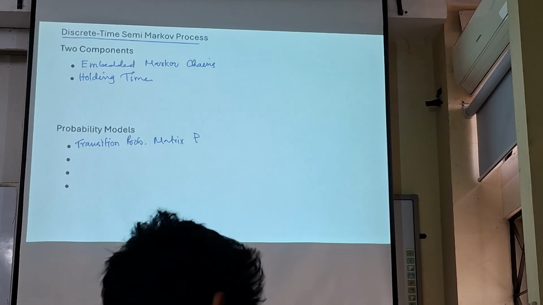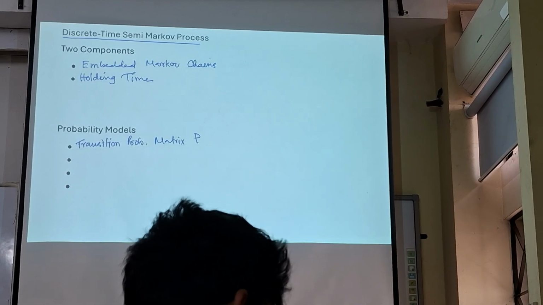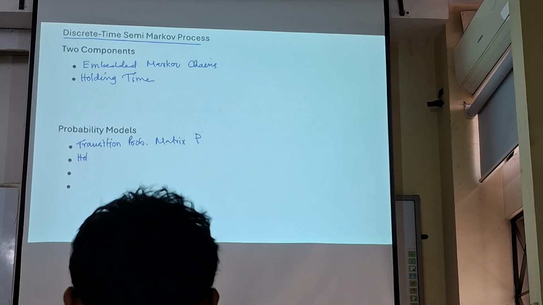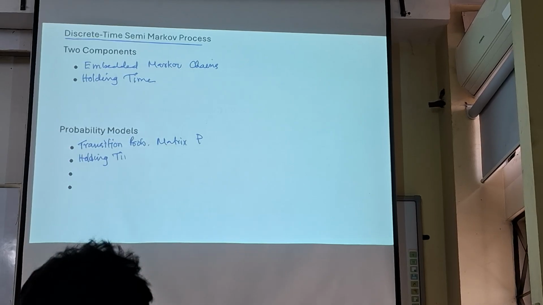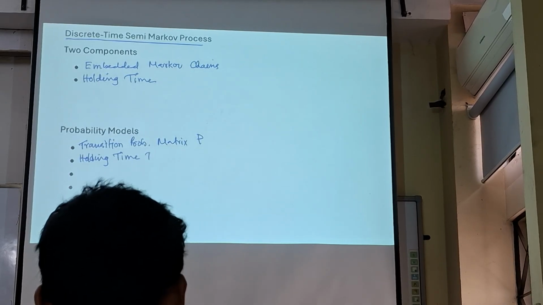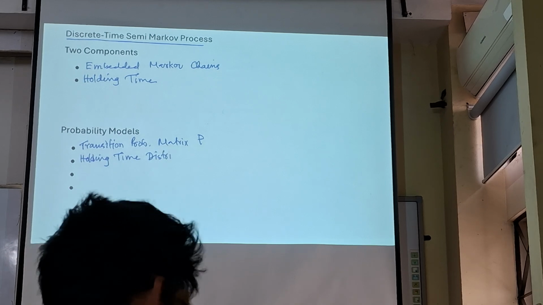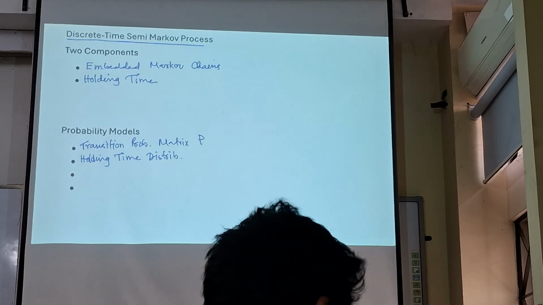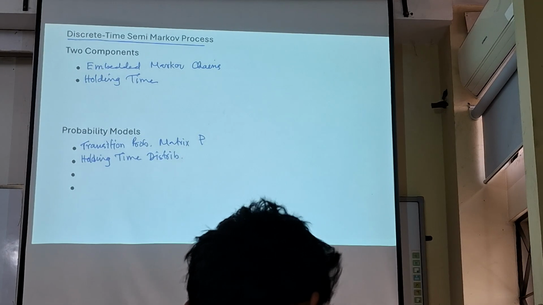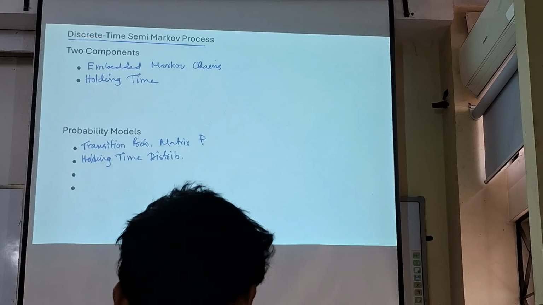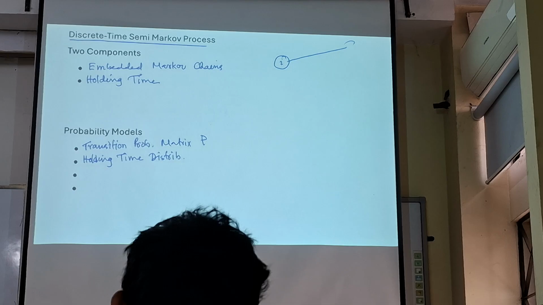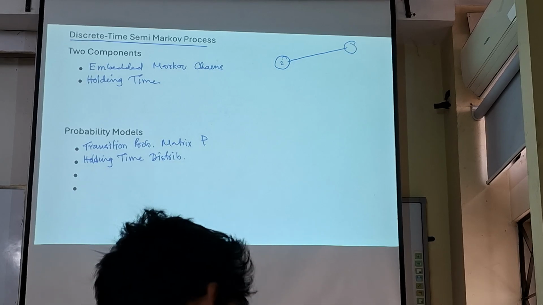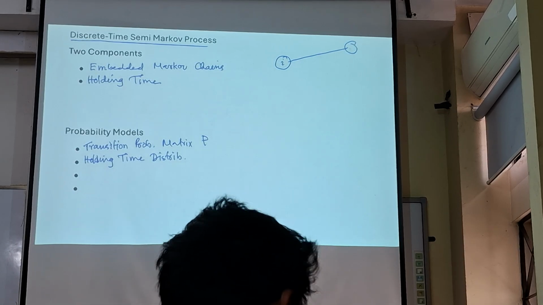Let's say this matrix is E. Then we have the holding time distribution. Actually we have two holding times: one is the holding time in state I, another is the holding time of the process when the next state goes from I to state J.